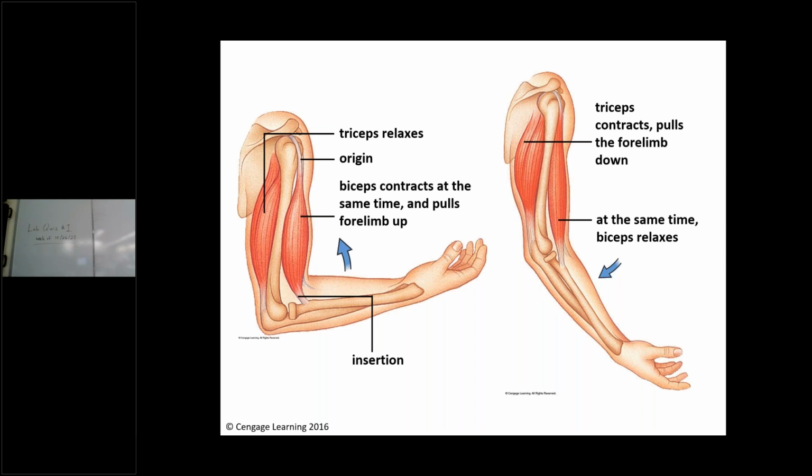Here's its origin up here, more in the scapula, passing through a groove we call the bicipital groove of the humerus. So what's going on? Origin, anchor, insertion. When the muscle contracts, it's going to move the area that it's inserted to.